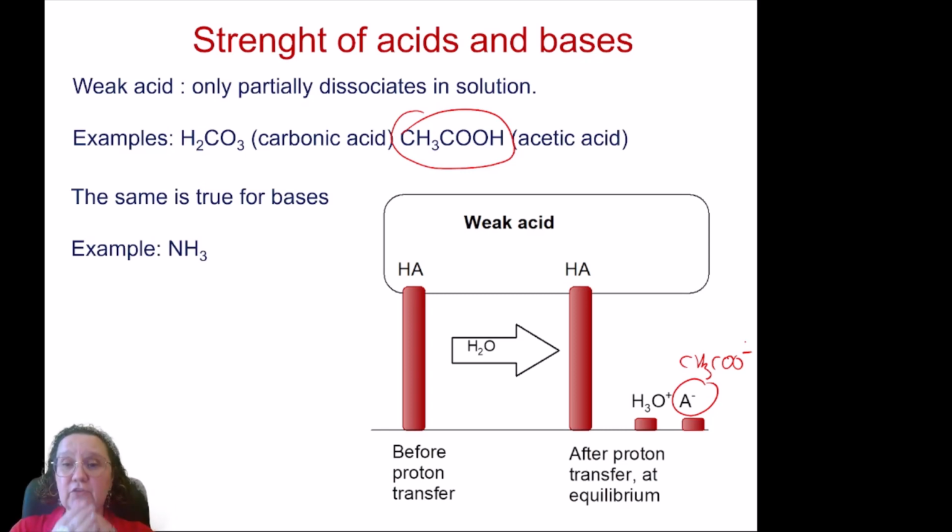So you will have in solution a mixture of the compound acetic acid, all these hydrogens and carbons and oxygens attached together by covalent bonds, surrounded by molecules of water. This is what I'm trying to present here as HA. And you will have generated a few ions, positive and negative, that come from this dissociation process.